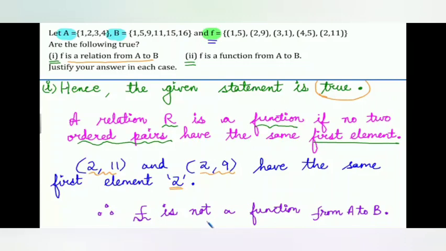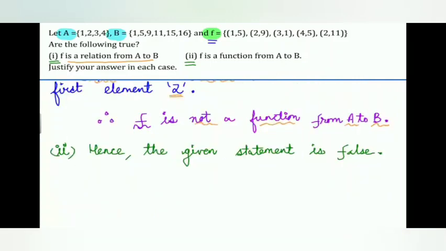So f is not a function from A to B. Hence the second statement is false.